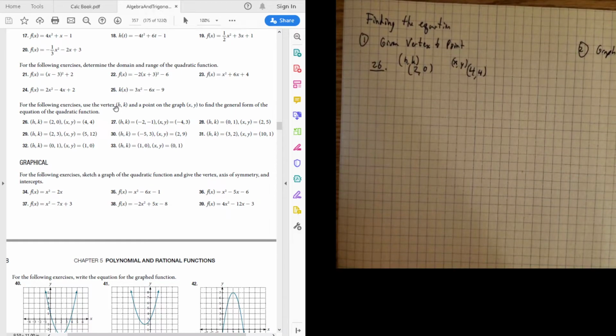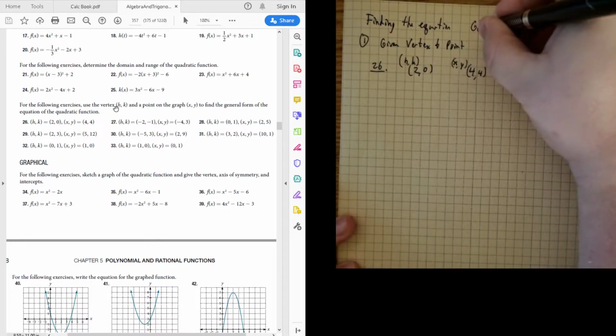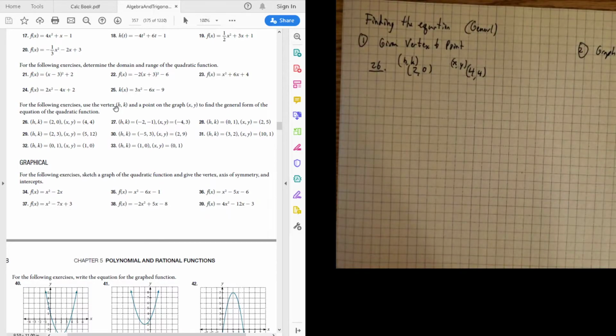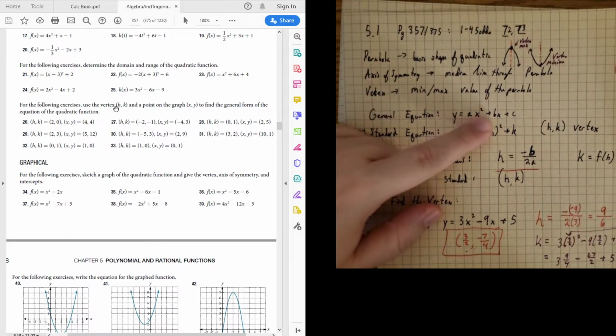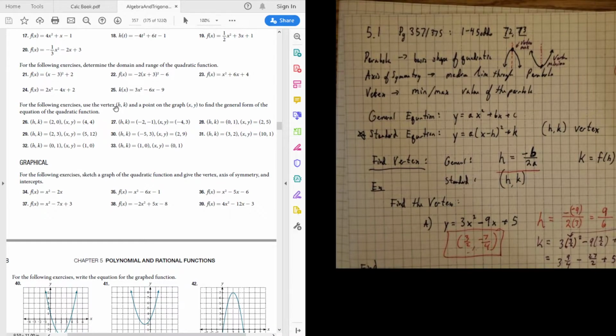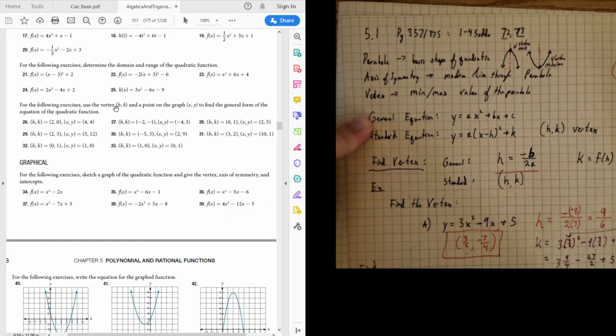The problem specifically states they want it in general form. Which, remember, if we look back, general form was this top one, ax squared plus bx plus c. Now, in order to put it in general form, I always believe it is better to put it in standard form first, and then work backwards to put it in general form, rather than trying to go immediately to general form.